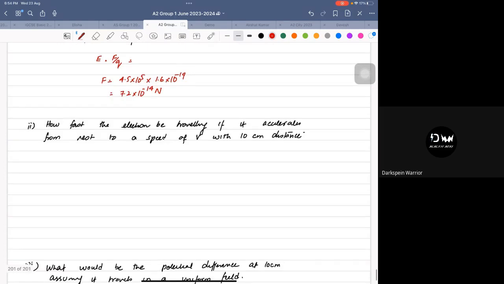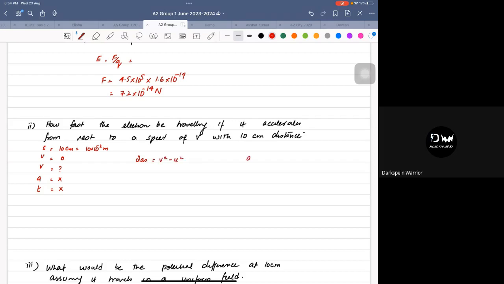Okay. Now, anytime it says speed, you basically have to use the equations of motion. I think 10 into 10 raised to minus 2 meters. Then initial velocity is 0. Final is what we need to find. We do not have the acceleration given to us. We neither have the time. So it's okay because to find this, we can use 2as equals v squared minus u squared.